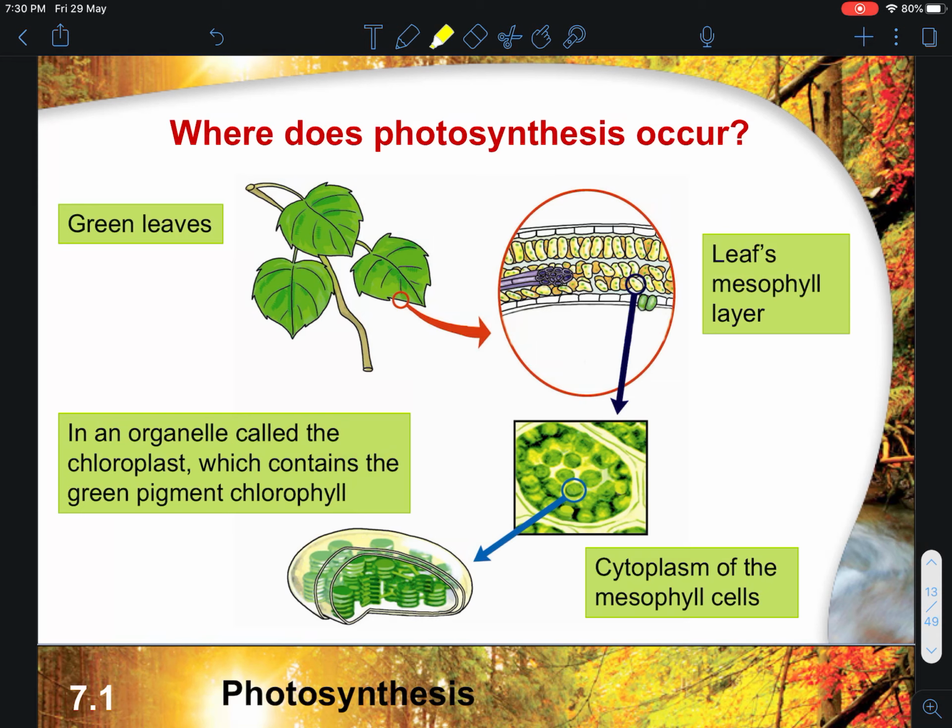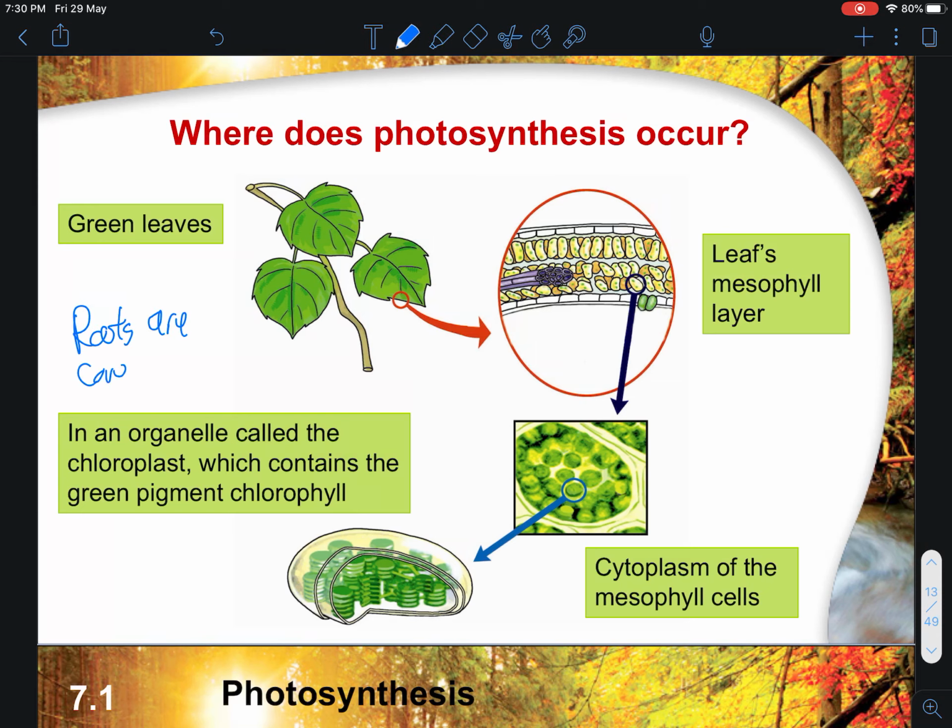So where does photosynthesis usually occur? Photosynthesis usually occurs in the leaf of the plant. Not so much in the roots, because the roots are covered in soil. And when covered in soil, the sunlight is not able to penetrate through the soil, so your roots will not be able to absorb any form of light energy.